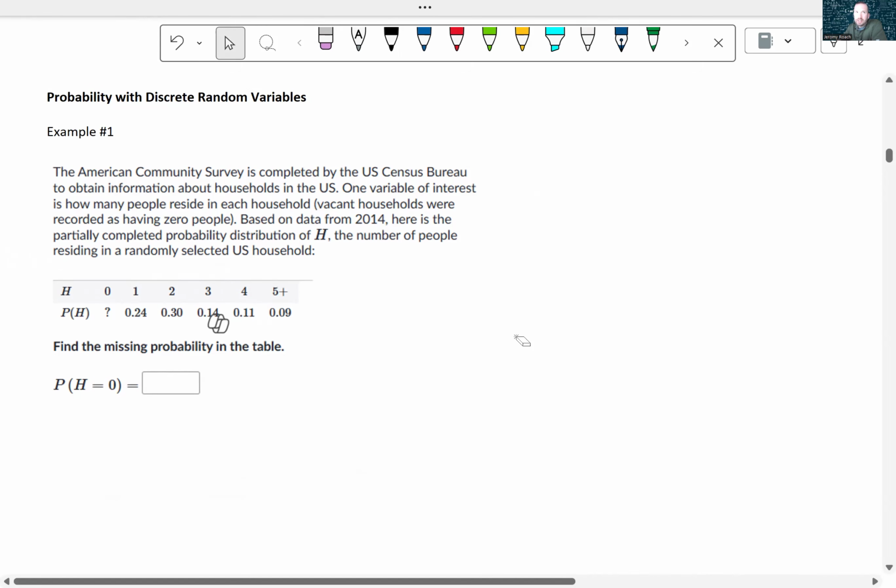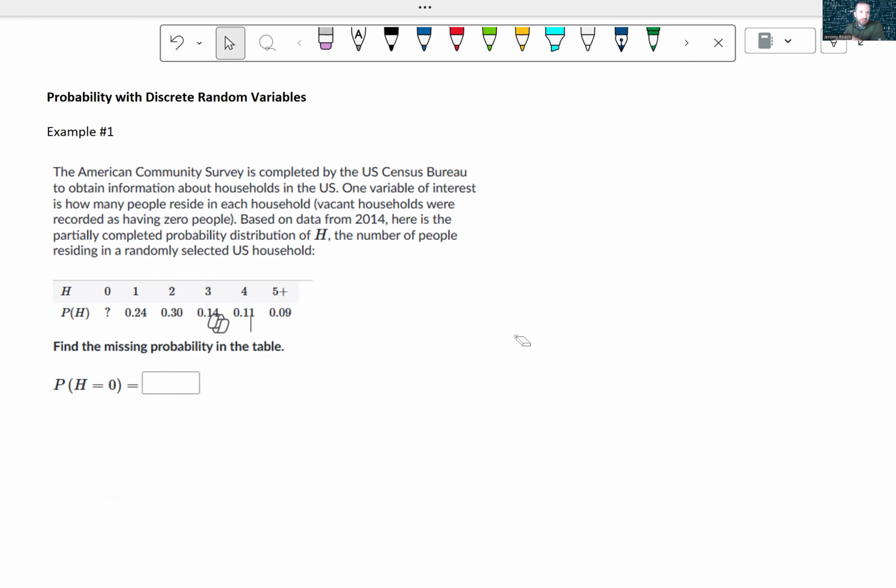There also can't be negative values for this specific problem. It looks like it's about the U.S. Census Bureau trying to obtain information about households in the U.S., which is how many people reside in each household. So there can't be a negative value of people in a household.